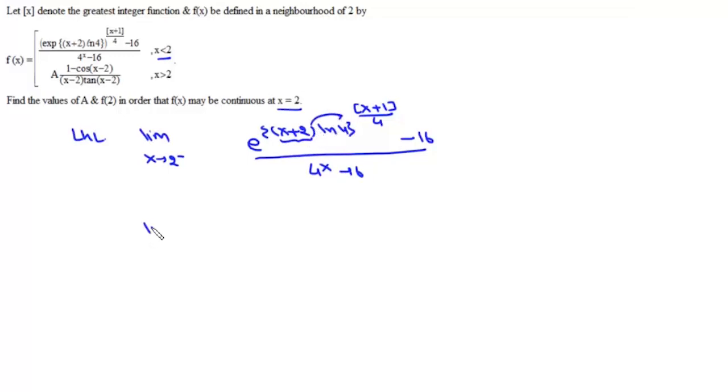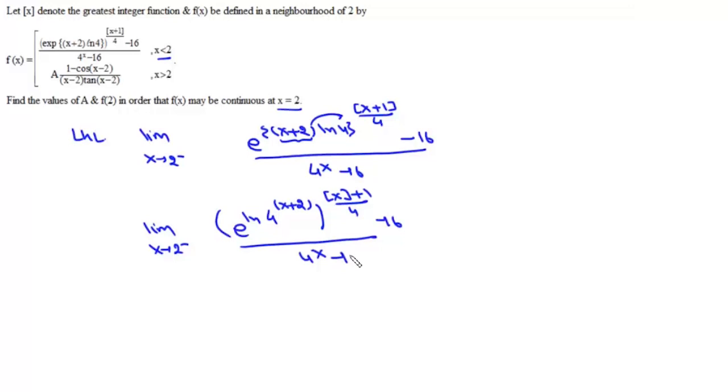So we can write this as limit x tends to 2 negative, and it will be e to the power log (4 to the power x plus 2) and whole to the power greatest integer function of x plus 1, upon 4, minus 16 upon 4 to the power x minus 16.